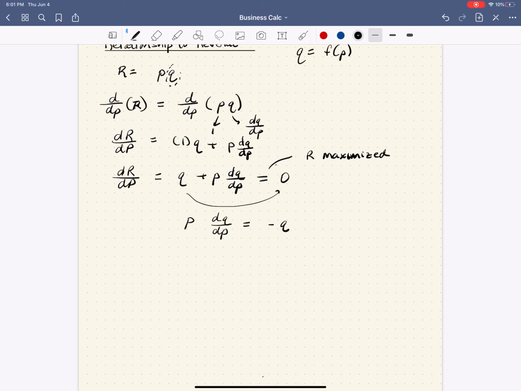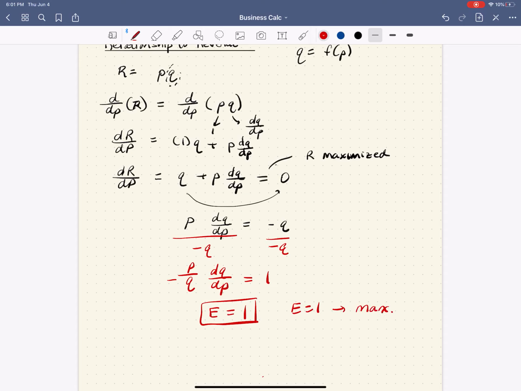Well, if I divide both sides by Q, or rather negative Q, I get E equals 1. So when E equals 1, we have unit elasticity, as we know, which also means that we have max revenue.